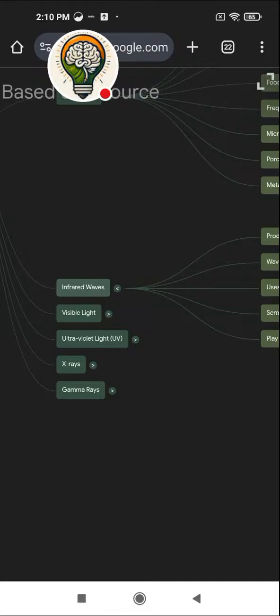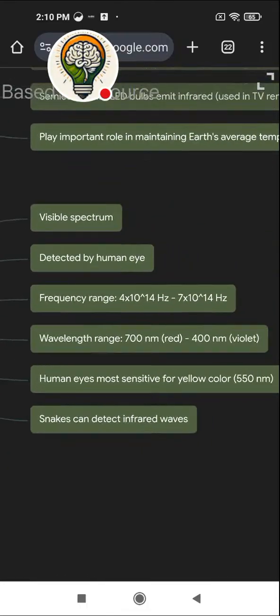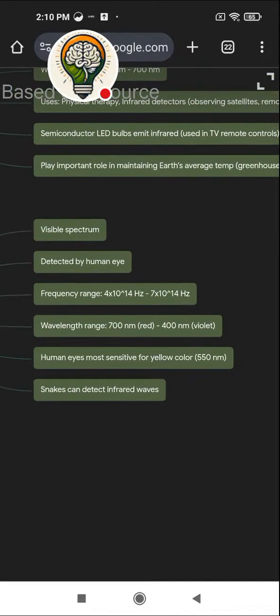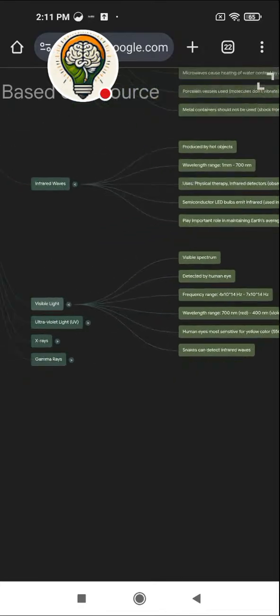Then the visible light: the visible spectrum detected by the human eye, frequency range 4 by 10 power 14 hertz to 7 by 10 power 14 hertz, wavelength 700 nanometers to 400 nanometers. The human eye is most sensitive to yellow color, 550 nanometers, and snakes can detect infrared waves.